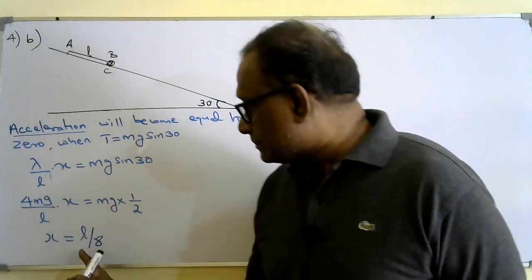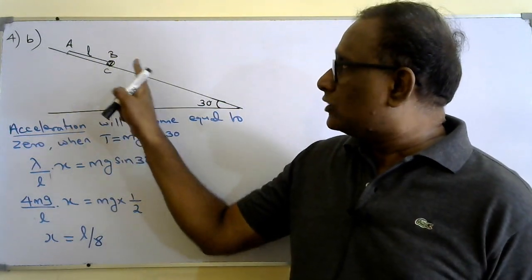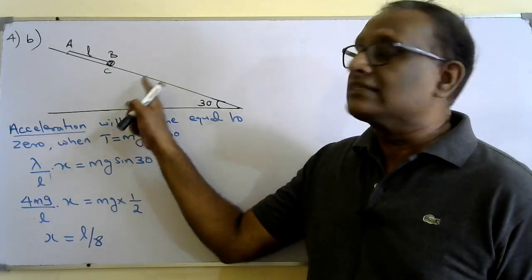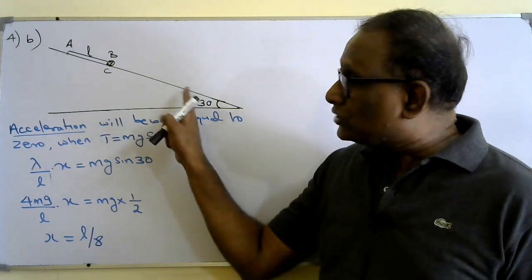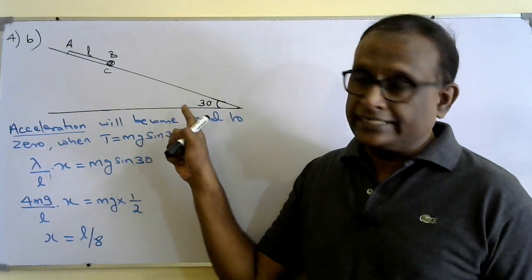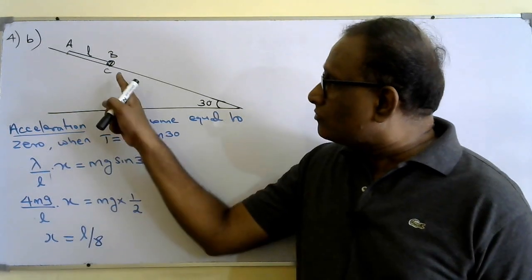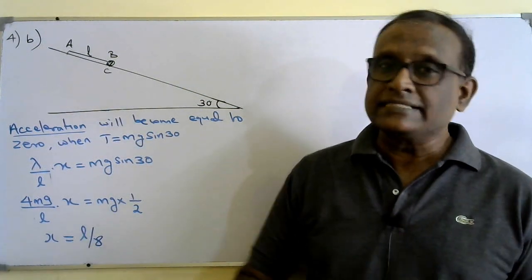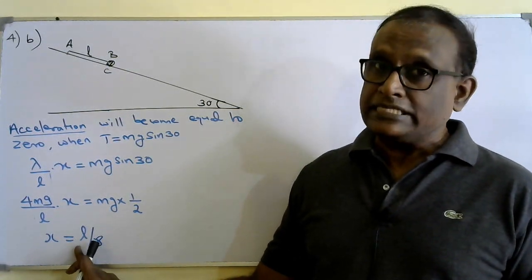When we consider the motion from C to D, there is no net kinetic energy increase or decrease, because whatever kinetic energy is gained is lost. But when we consider the motion from C to this extension, L by 8, speed is increasing, so at this point it has the maximum kinetic energy, maximum speed.